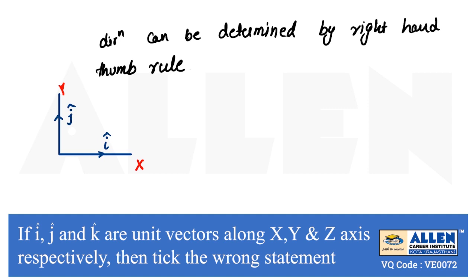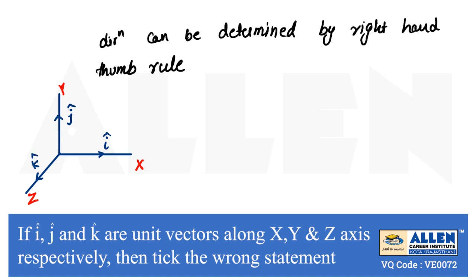Now we will use the right hand thumb rule to find the direction of i cross j. Therefore i cross j will have a direction perpendicular to this plane. So we will draw a perpendicular axis which can be taken as the z axis, and here we will get the direction of i cross j with the help of the right hand thumb rule, which will be out of the plane, and the z axis is also out of the plane, meaning the direction of the resultant will be along the z axis, and for the z axis we can use k cap.